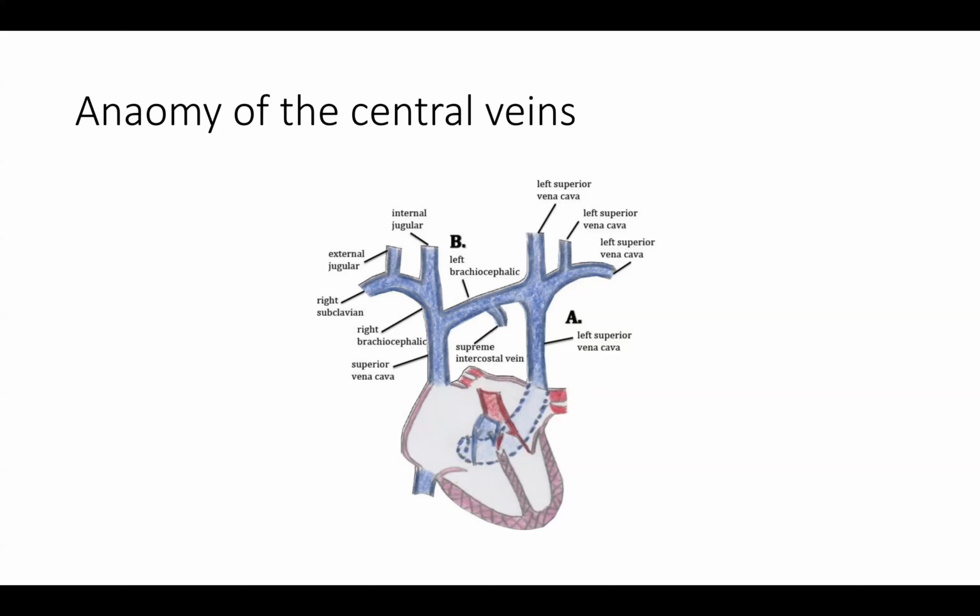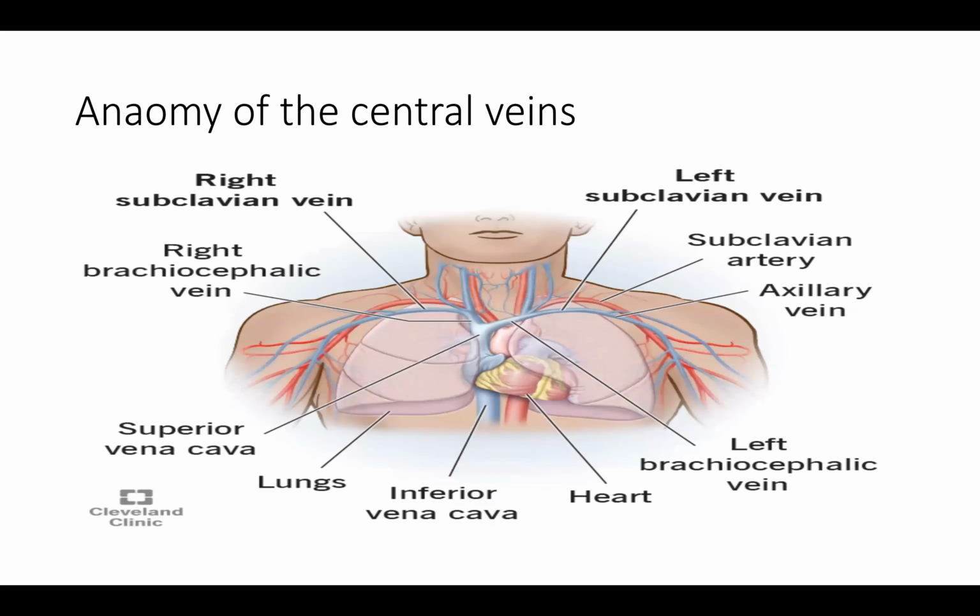The subclavian vein joins the internal jugular vein to form either the right or the left brachiocephalic vein, which then join together to form the superior vena cava, which drains into the heart.